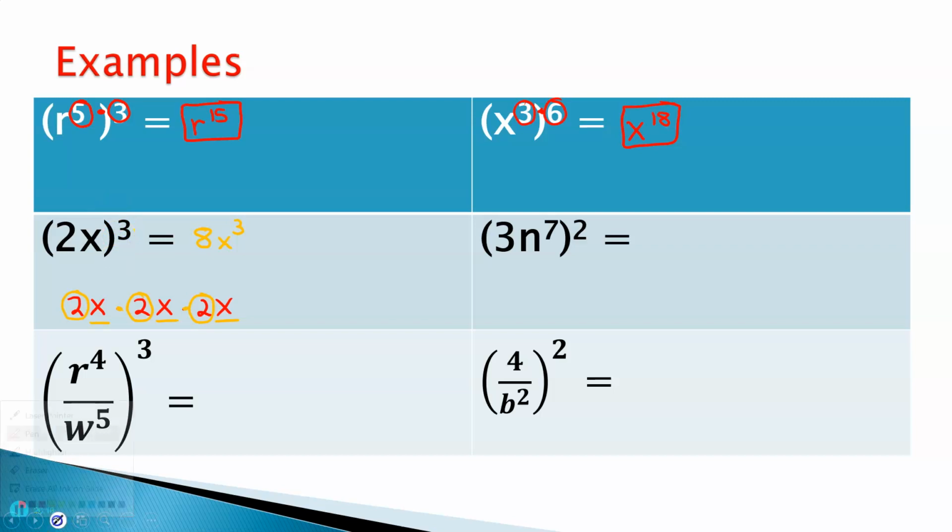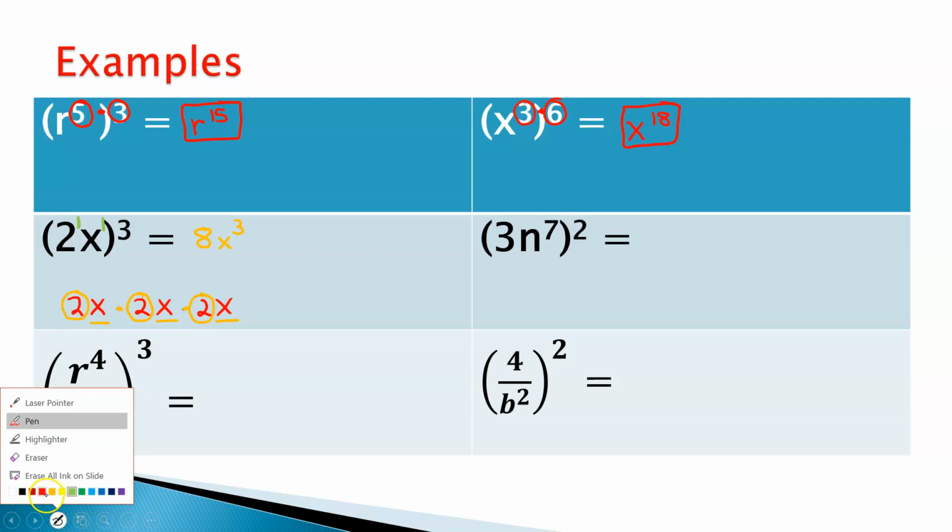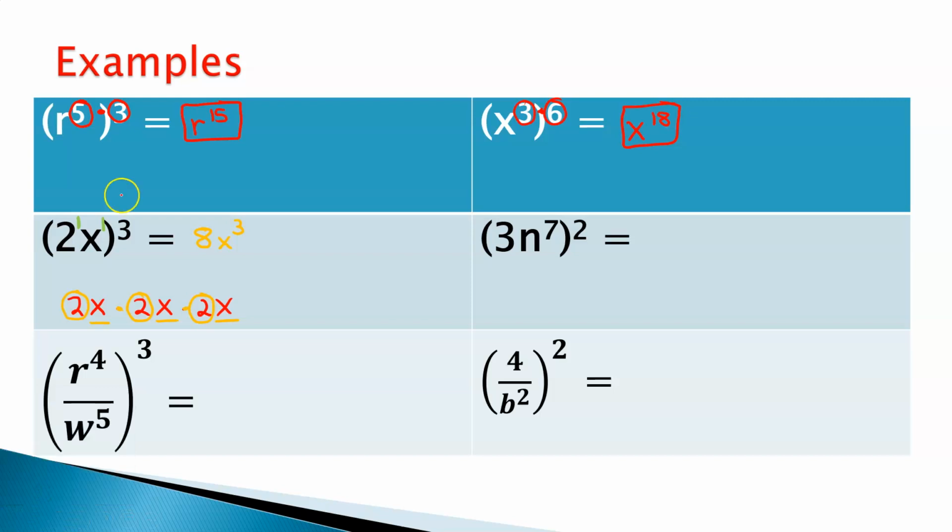Or if you want to think of it this way, the 2 here has a power of 1, and so does the x. You're multiplying here 3 times the power of 1. Well, what's 3 times 1? Take a look, we have x to the 3rd power.